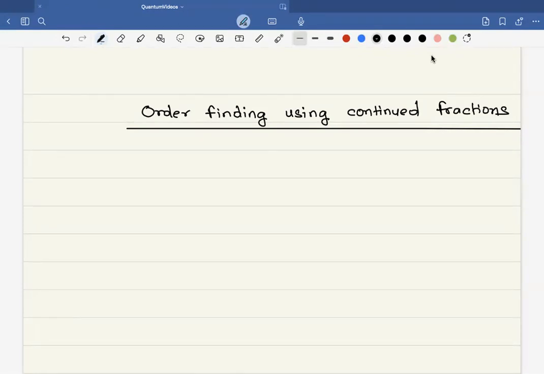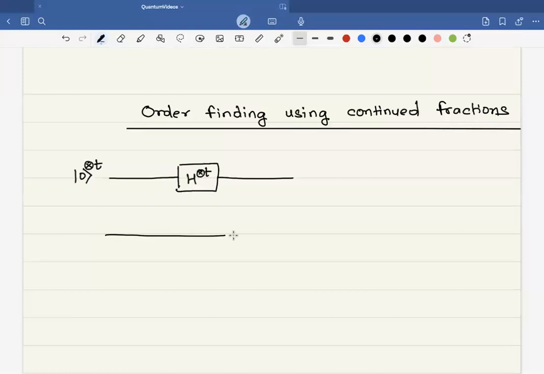So let me just remind you what the circuit looks like for the order finding. We have the top register, let's say with T bits, T yet to be determined. Then we have the Hadamard tensor T. On the bottom, we have the state 1.